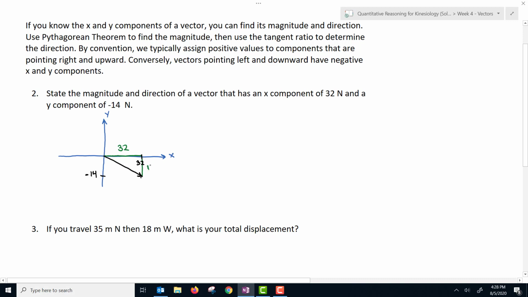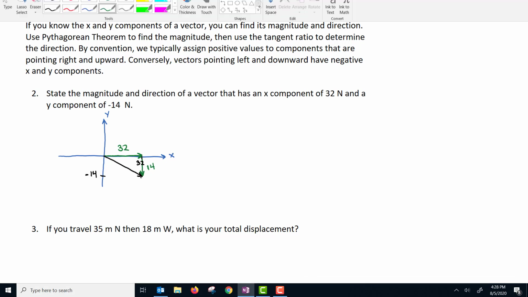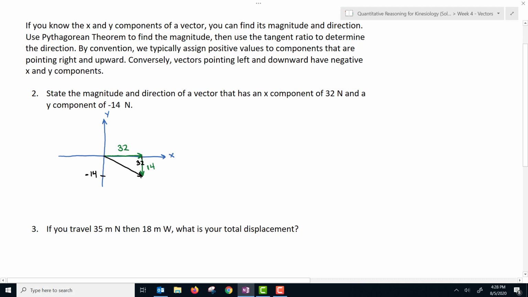It's negative 14, but the length of that is 14. It's just pointing downwards. So we can decompose our vector. It would look like this. A vector pointing to the right 32 and down 14. Now the magnitude is referring to the hypotenuse. This is the magnitude of the vector, is the hypotenuse over here.